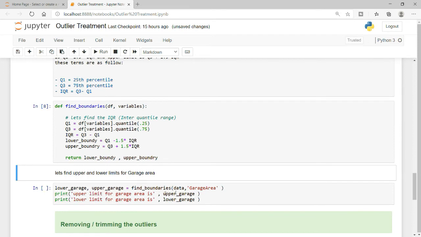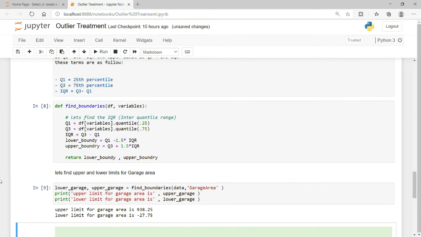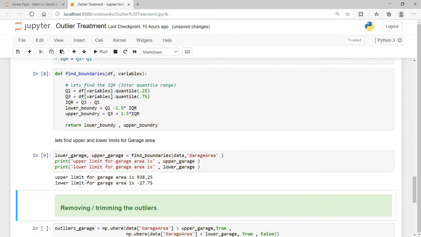So I have run it, and for the purpose of this demonstration, I'm using the garage area. Now I will simply call this function, and I will store my lower and upper garage in these variables by calling this function. Let me run this, and we will see that the upper limit for the garage area is 938.